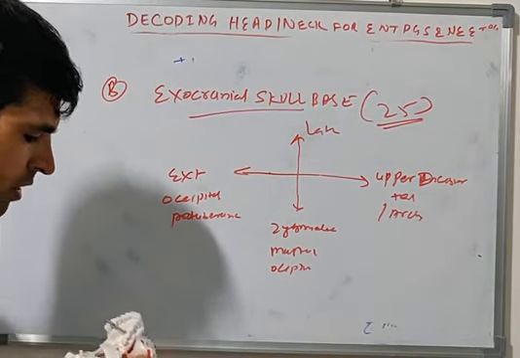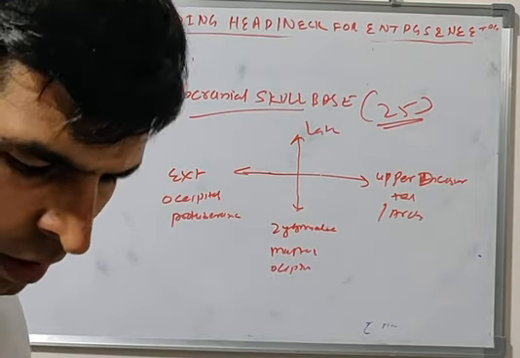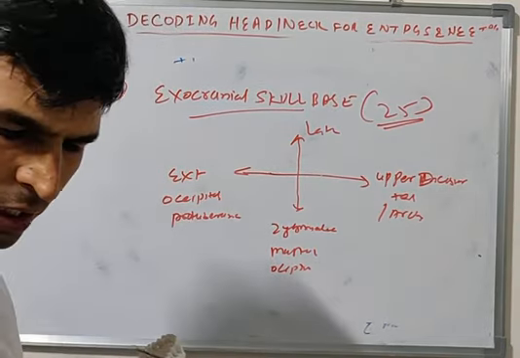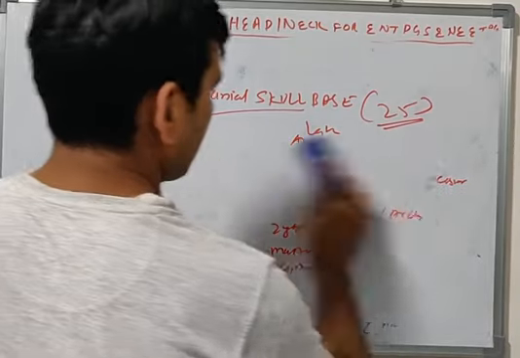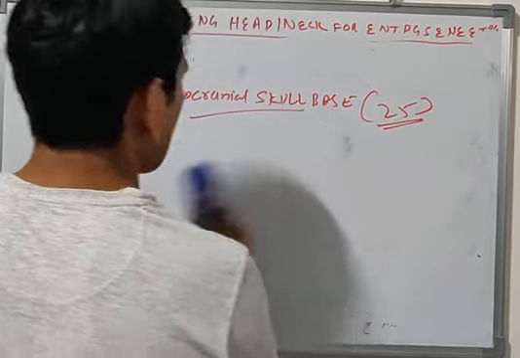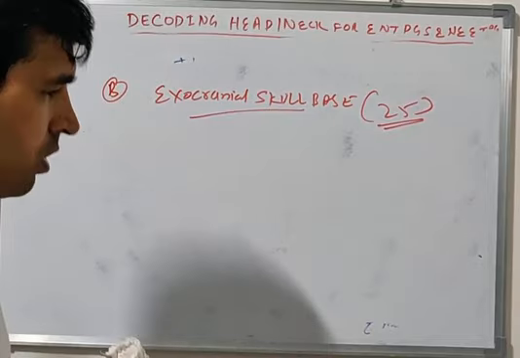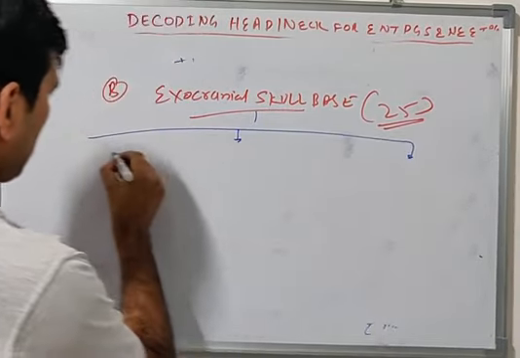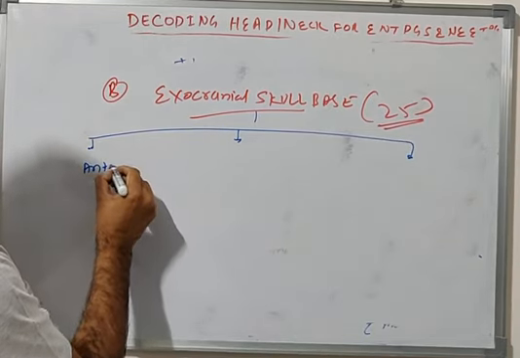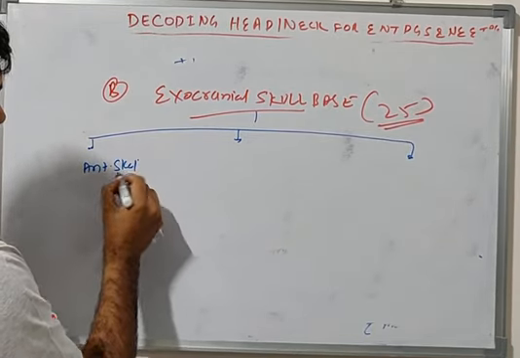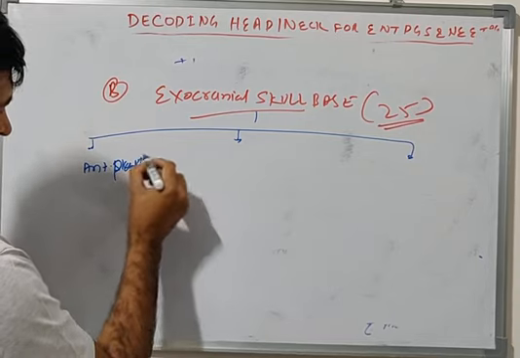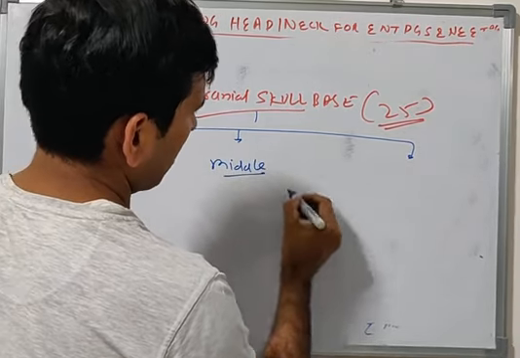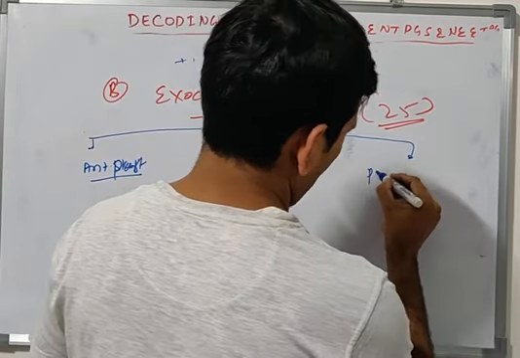Okay. Now the main structure, if you see, also has three parts. Now again I will divide this exocranial skull base into three parts: the anterior part, the middle part, and the posterior part.